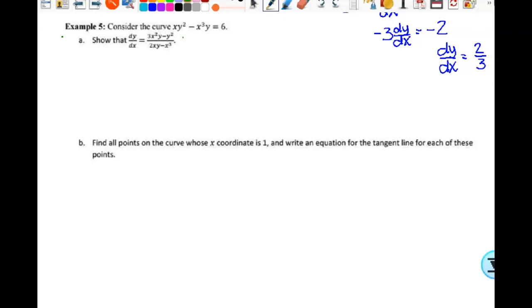All right, so when I look at this and I go term by term, I'm going to use this term right here. What rule am I going to have to use? Product rule. So I make sure I complete the product rule before I move to the next term.